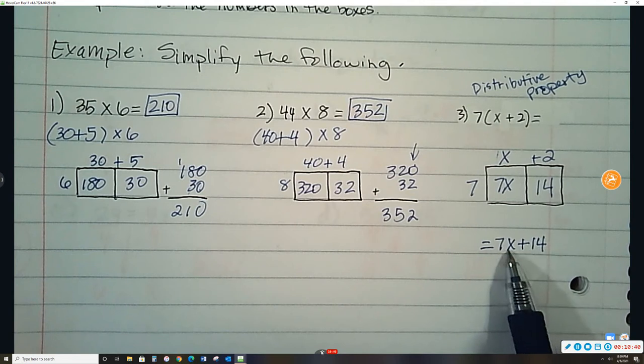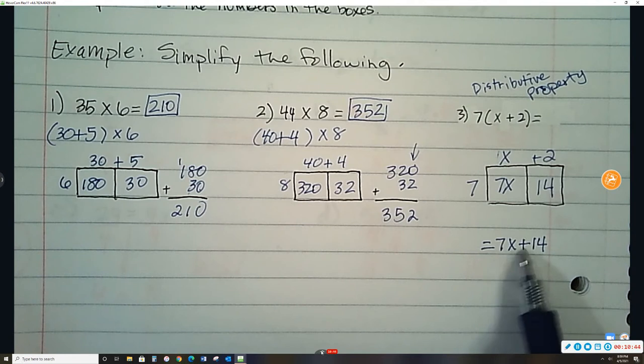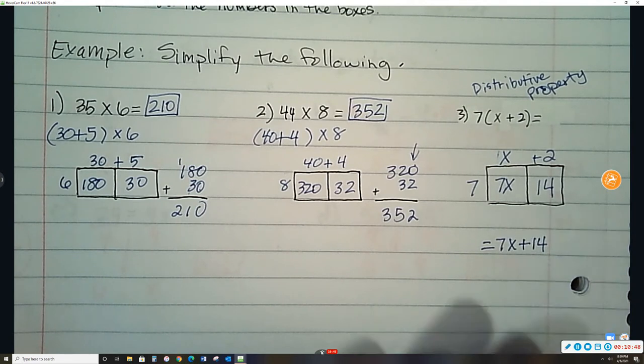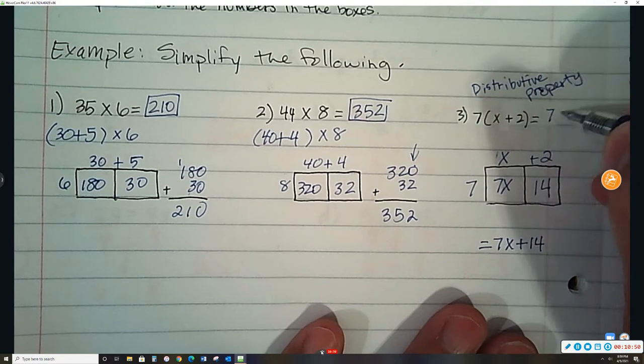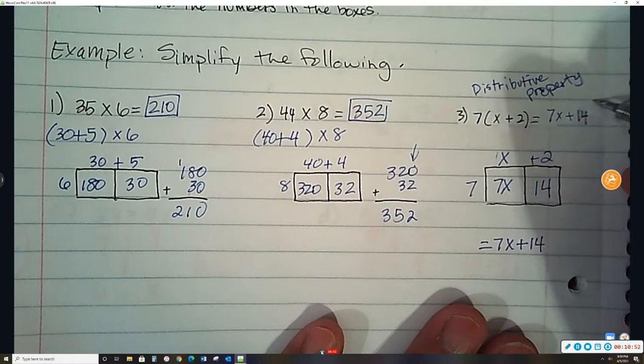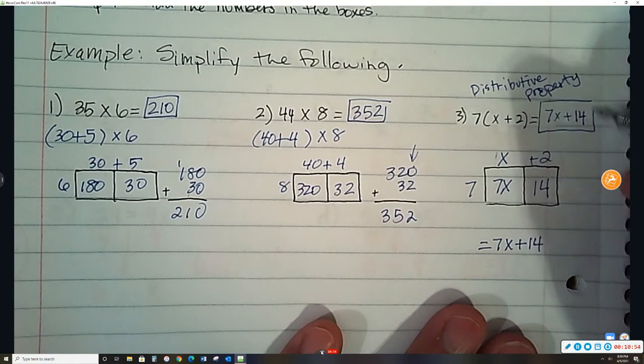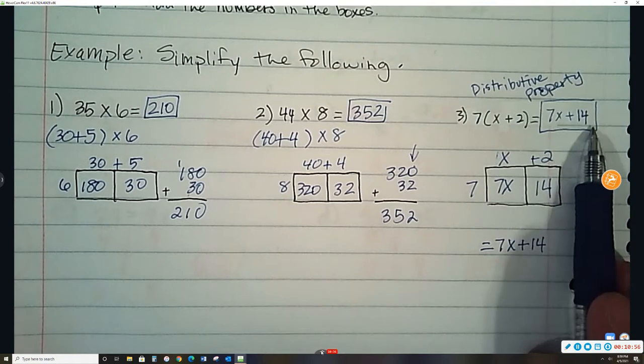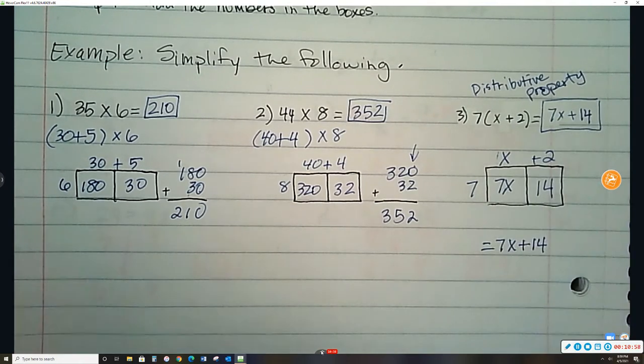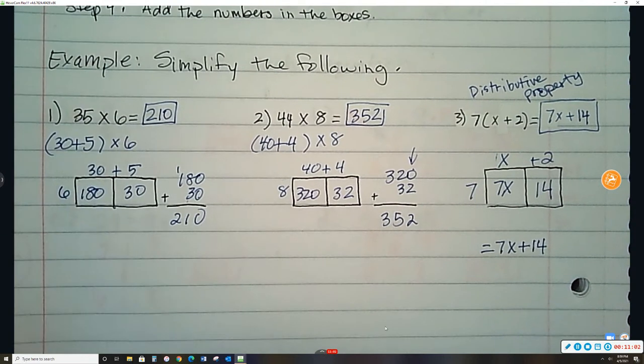This one has an x with it, and this one does not have an x. So you cannot add them and write like 21x. Okay, they're different. You have to keep them separated. So this is 7x plus 14. That's our answer for this guy. And we'll do more of these in today's lesson, and we'll practice. So if that didn't make too much sense, don't worry about it.